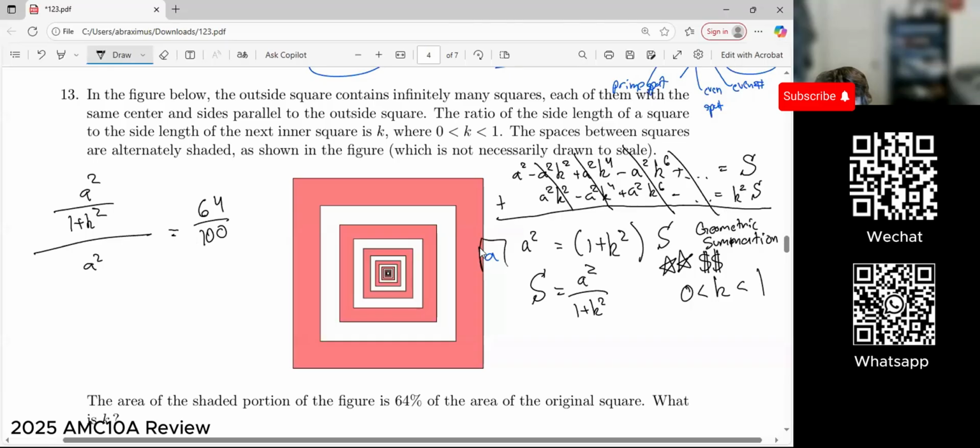A represents the side of the square. Does that help? A is the side of the square.